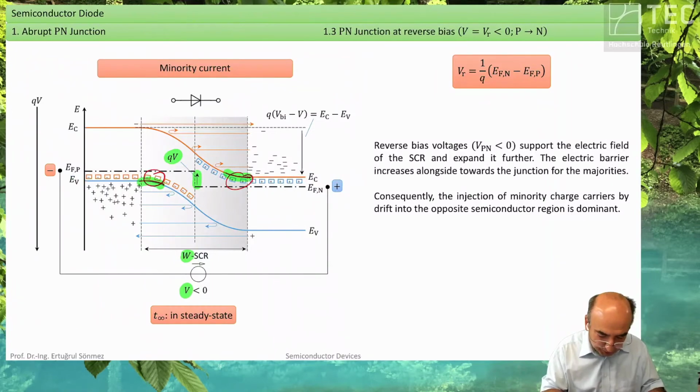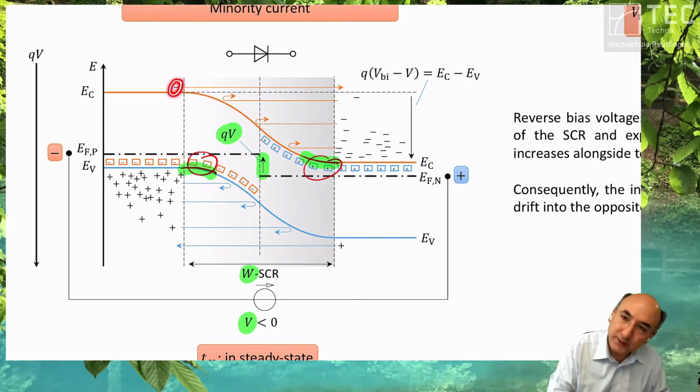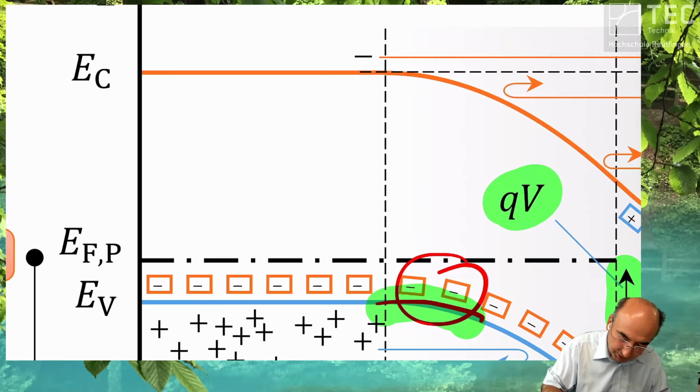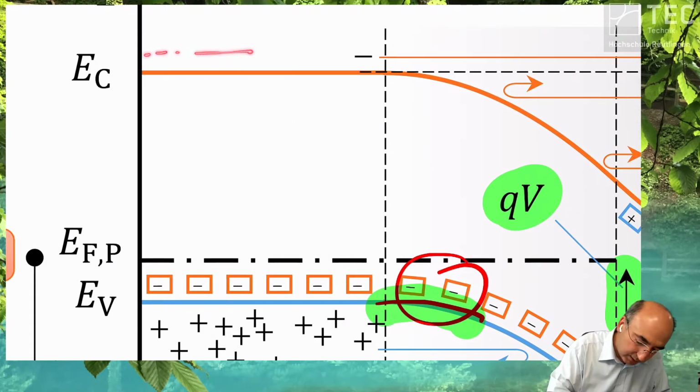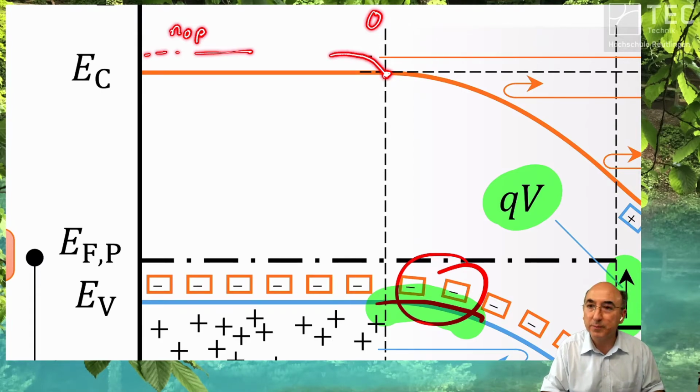You dropped me the question, what happens with the majorities, minorities? These minorities here in reverse bias condition, this concentration at the space charge region boundary is 0. The concentration in the bulk is N0 in the p-type area. And here it's 0. And in between, it is a drop of exponential curve, the concentration.